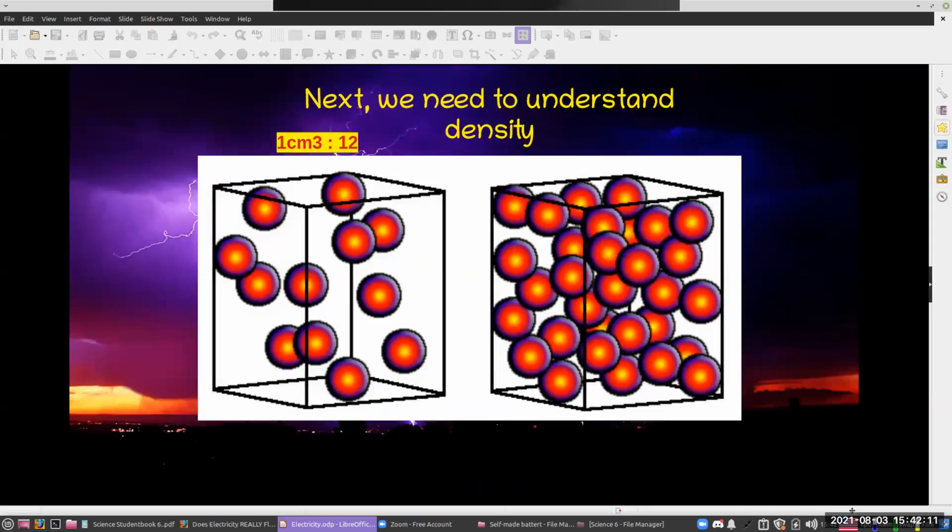Next we need to understand density. As an example, most of us never had gold in their hands, a really big piece of gold. Everybody knows that gold is heavy. On the other hand, I have aluminium. The gold is much heavier than the aluminium.